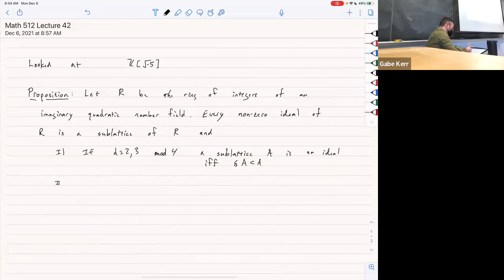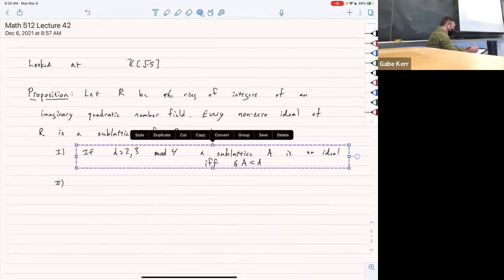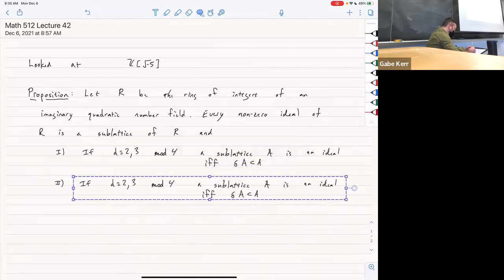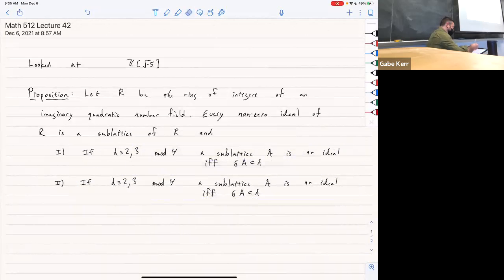On the other hand, here, same statement, but we have to do a couple of replacements. In the other case, D is congruent to 1 mod 4, and a sublattice A is an ideal if and only if it is closed under multiplication by eta.